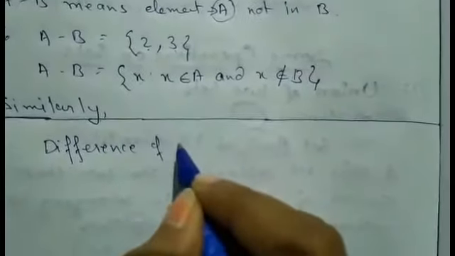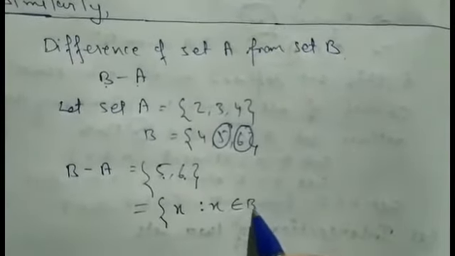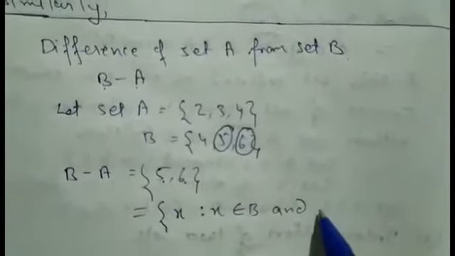Now B minus A is equal to 5 and 6, as 5 and 6 are the only elements present in set B but not in set A, and mathematically it is represented as x is an element of set B minus A, where x belongs to set B but does not belong to set A.